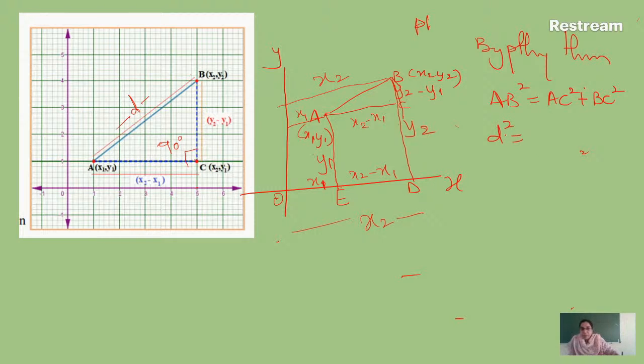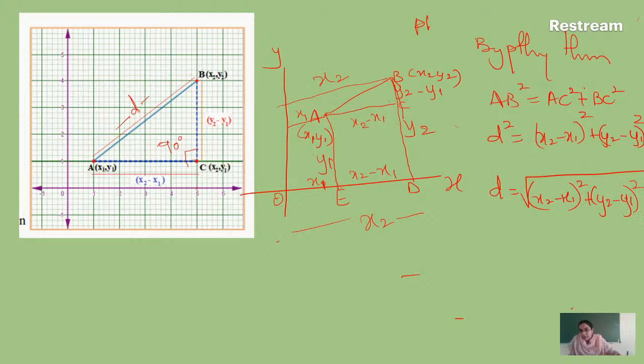D square is equal to AC, which we have just calculated as (x2 minus x1) whole square, plus BC, which we have taken as (y2 minus y1) whole square. Then to get D, taking the square root on both sides, D is equal to root of (x2 minus x1) whole square plus (y2 minus y1) whole square. This is nothing but your distance formula.